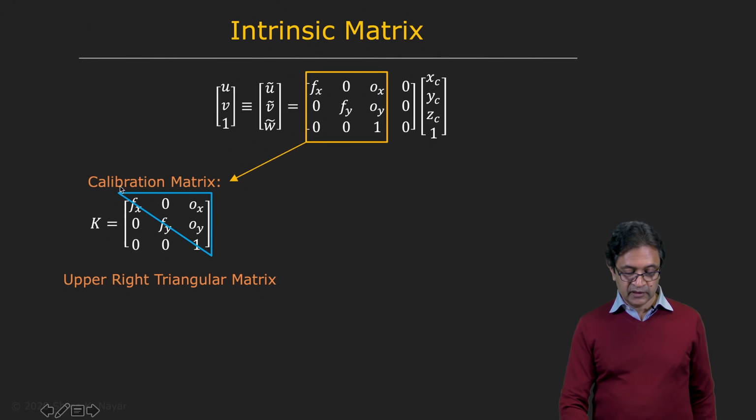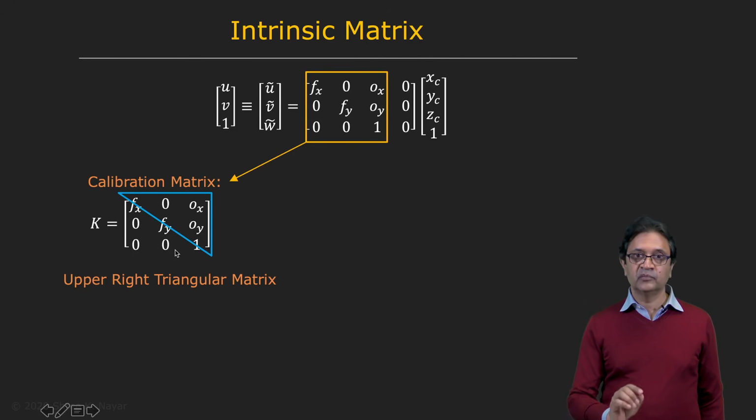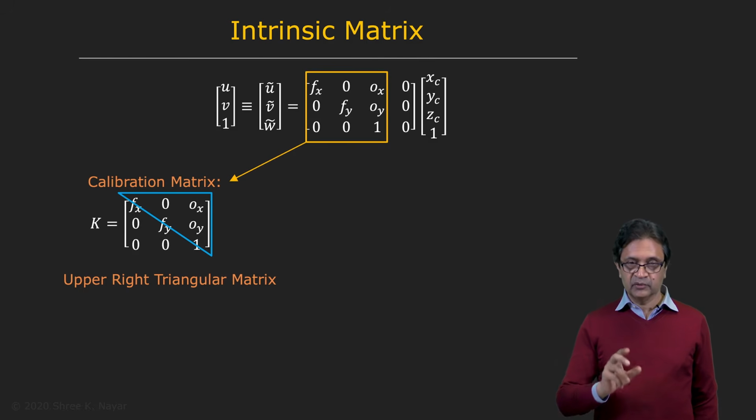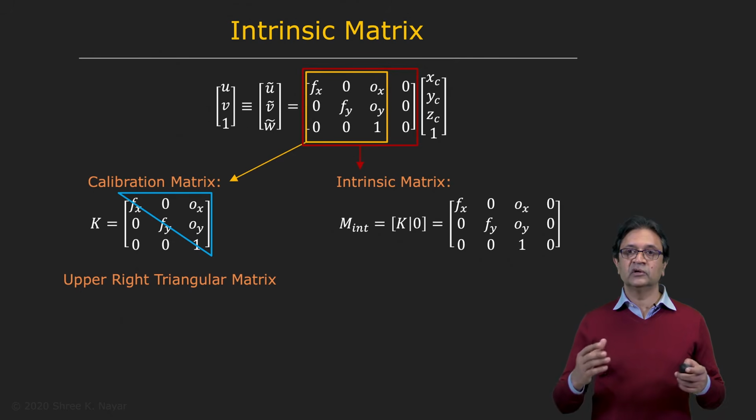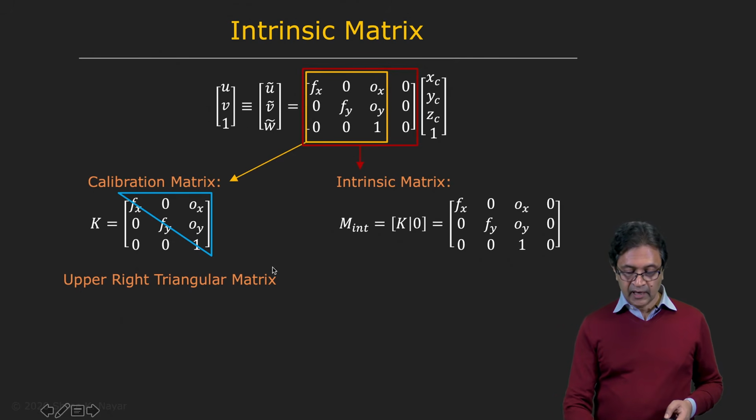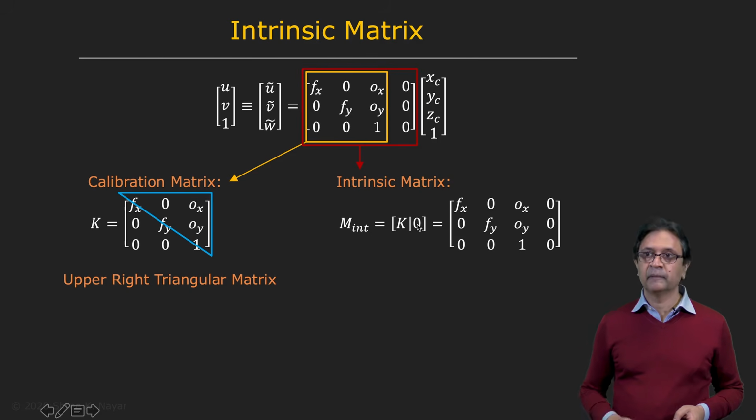You can see that these elements are non-zero, whereas these are zero. It's an important property that we will exploit later. And the whole matrix, like I said before, is called the intrinsic matrix M-int, which is a concatenation of this K matrix and a column of zeros right here.